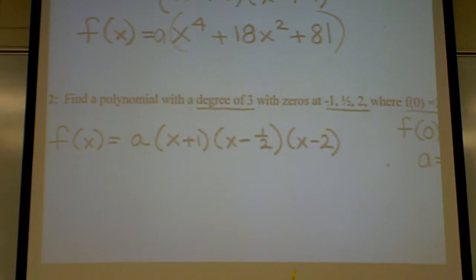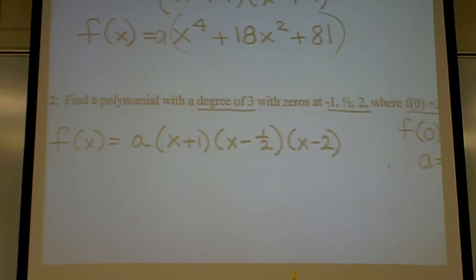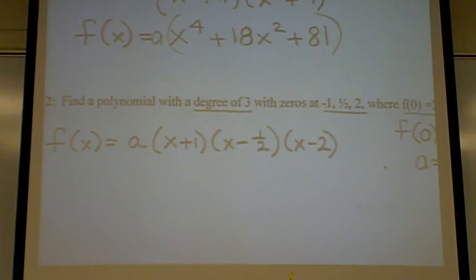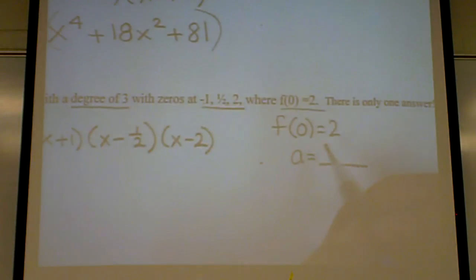Now, if I said find a polynomial, degree of 3 and those zeros, I would be done with this answer. But they threw this piece in for you. I wanna know what the a value is, so what you have to do is put, for x, a 0, and for y, a 2.